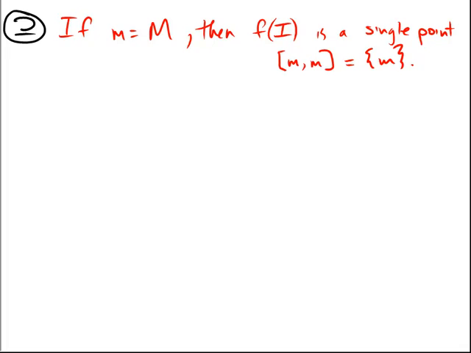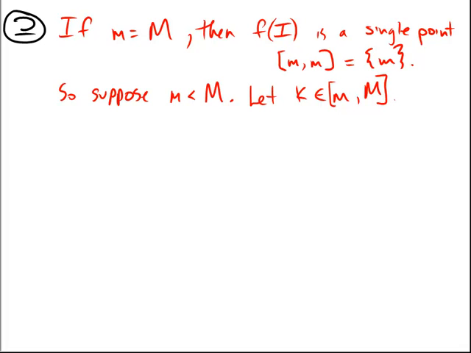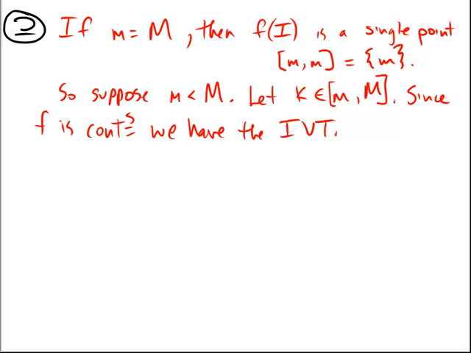Let's go with, instead of that, let's suppose that m is not equal to capital M, but m is the minimum and capital M is the maximum, so we're going to suppose that little m is less than capital M. Let k be any element in between little m and big M. Well, since f is continuous, we have the IVT, the intermediate value theorem.